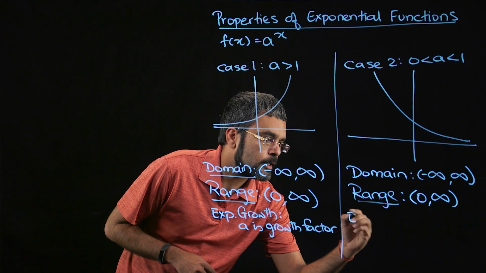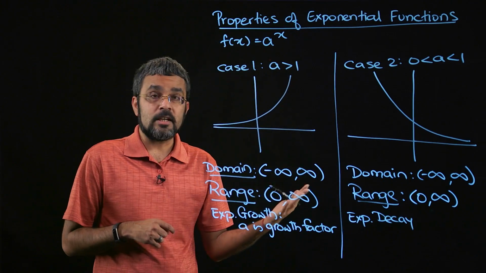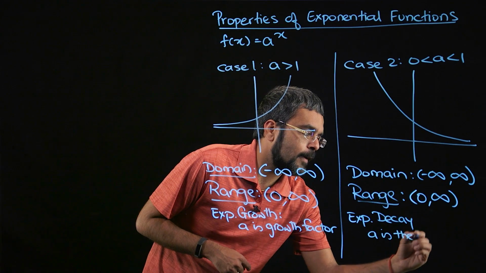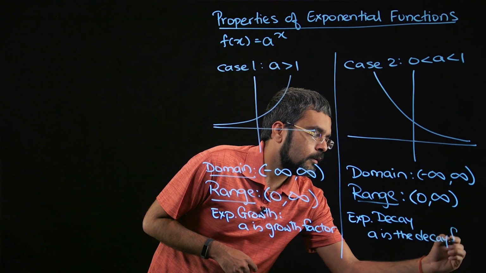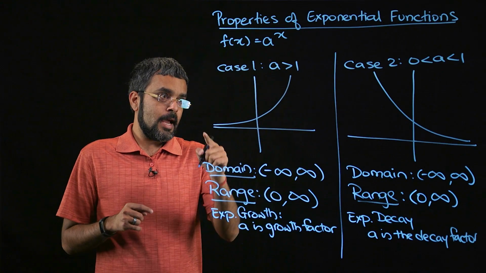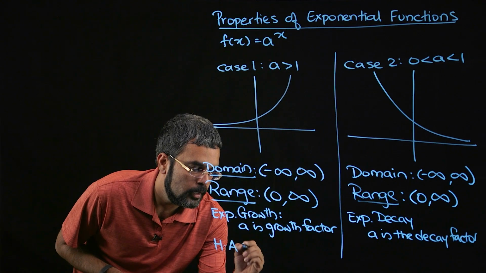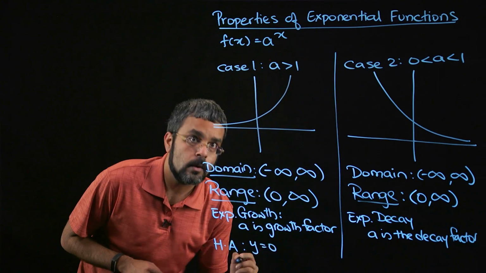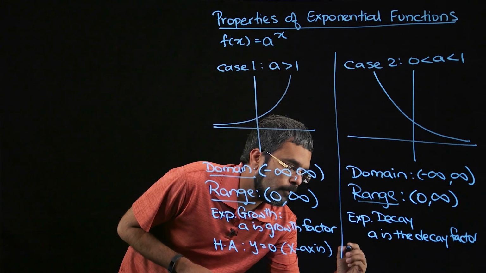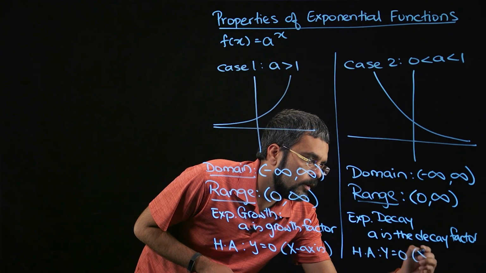Whereas here, I get an exponential decay or an exponential decrease, and we call a the decay factor. Also notice that I have a horizontal asymptote here. So my horizontal asymptote is the line y equals 0, or the x-axis. Same here, I have my horizontal asymptote y equals 0, or the x-axis.